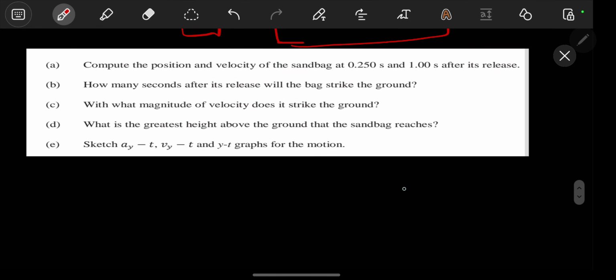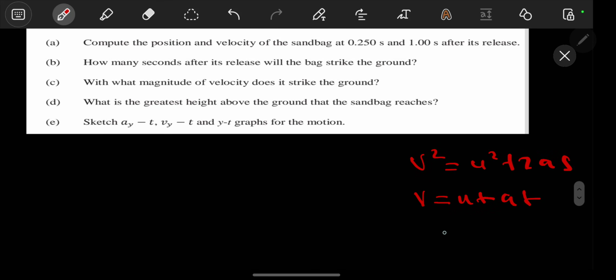The equations that we are going to be using are either v squared equals u squared plus 2as, or v equals u plus at, depending on how much information we have, or s equals ut plus half at squared.